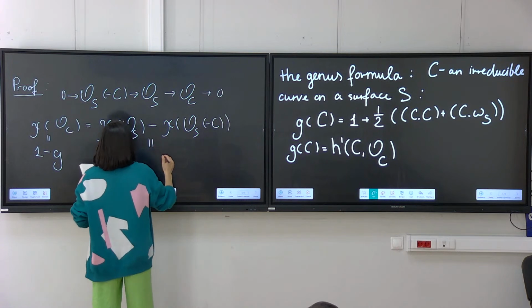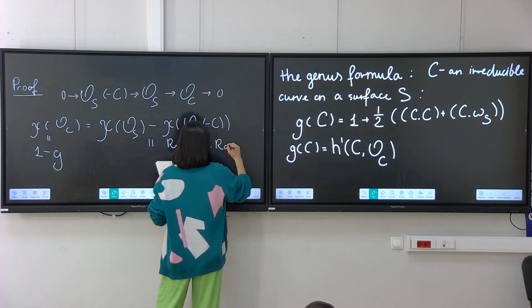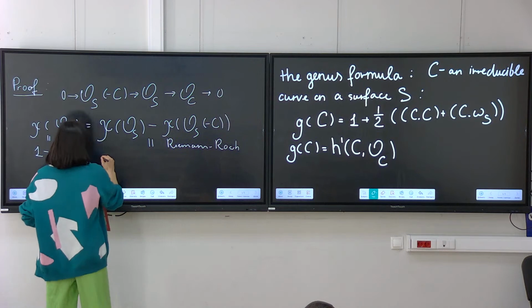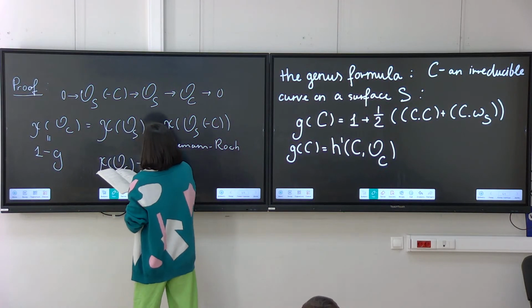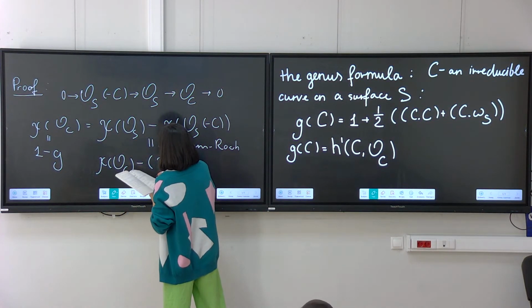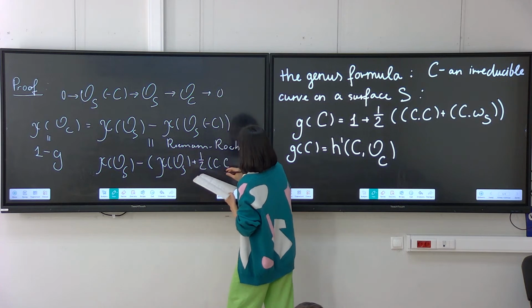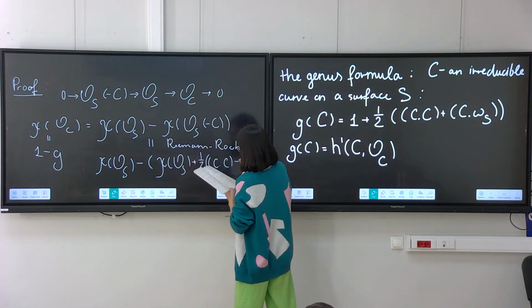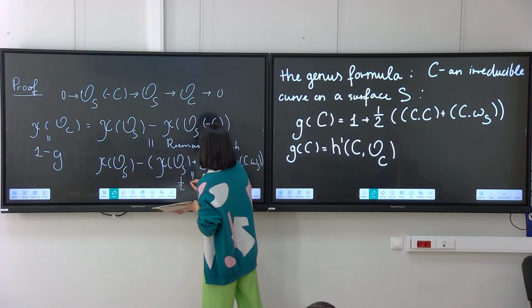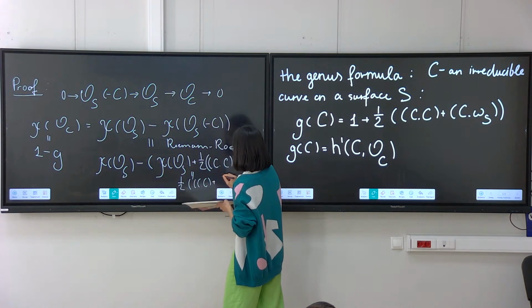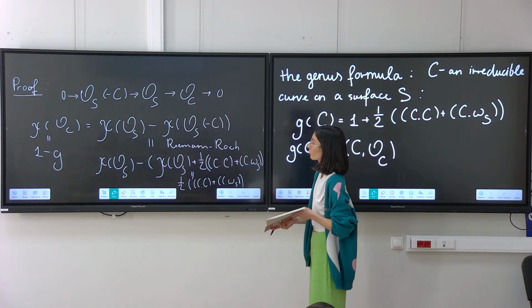And now, just by Riemann-Roch, we compute this, and we immediately obtain our formula, right?